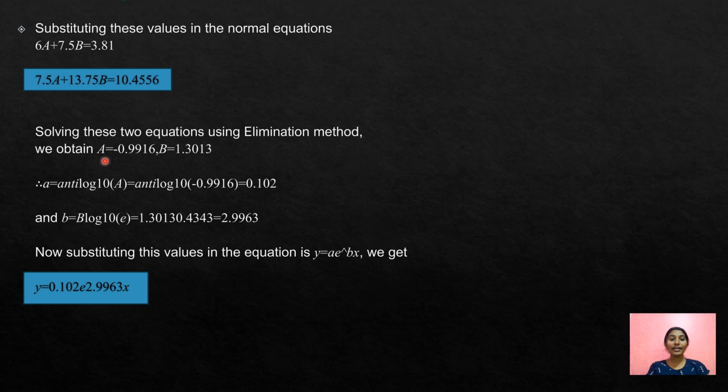After taking the anti-log of these values, we substitute in the equation y is equal to a into e to the power bx. We get y as 0.102 e to the power 2.9963 into x. This is the required value.